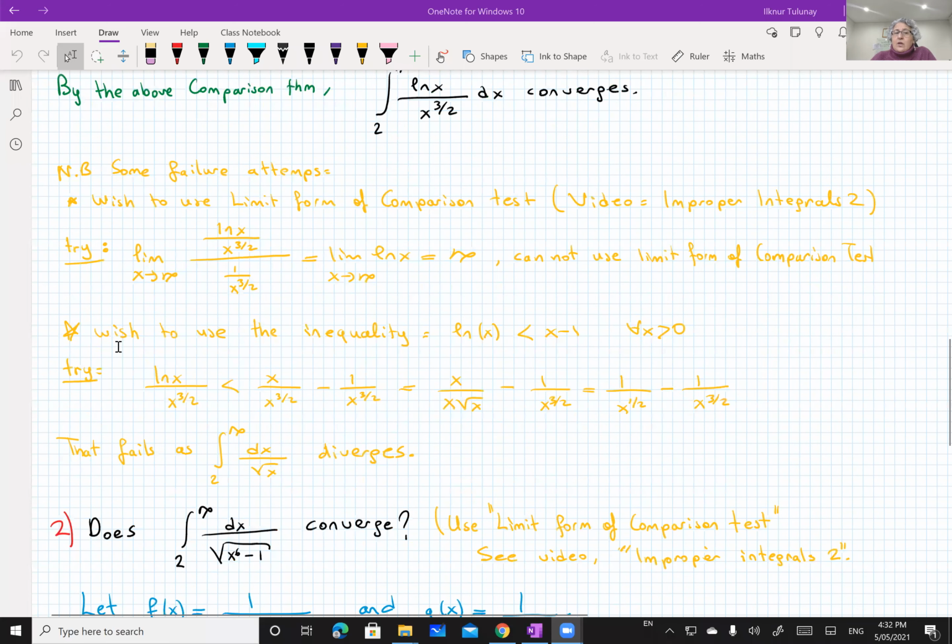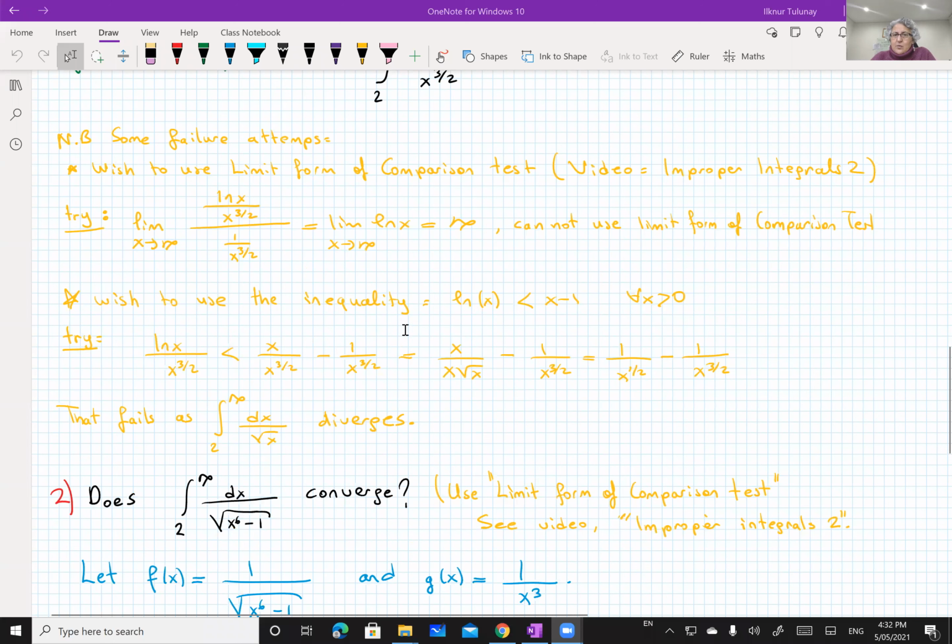So if you want to use another inequality, for example, that will give you a failed attempt. Another failed attempt: if you want to use the inequality ln x smaller than x minus 1 for all x bigger than 0, then we try and this one diverges, even though this one converges.